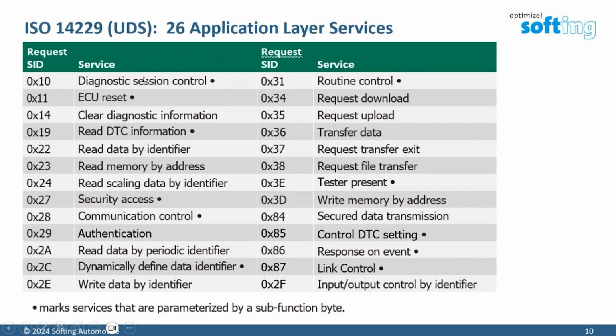For example, the ECU reset here, the 11 service, needs a sub-function byte that says what kind of reset do you require? Is it a hard reset or soft reset or power on reset? All the services that are marked with a little dot here are parameterized by at least a sub-function byte.